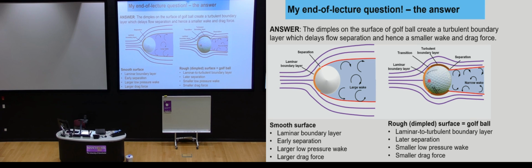That's all due to the fact that the dimples just change the flow right next to the surface. So here it's laminar, there's transition, here's turbulent. Later separation, we get a smaller, narrower wake, and hence a smaller drag force. Hence the golf ball goes further. So that's a real application of fluid mechanics.